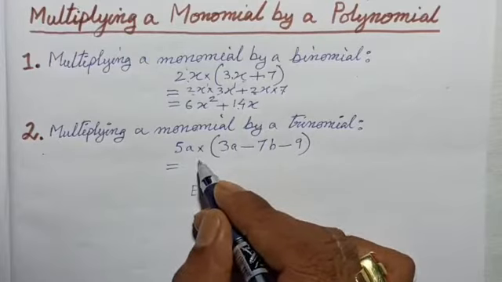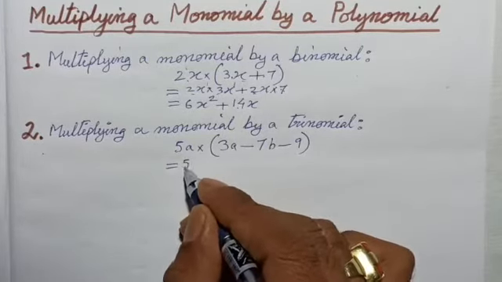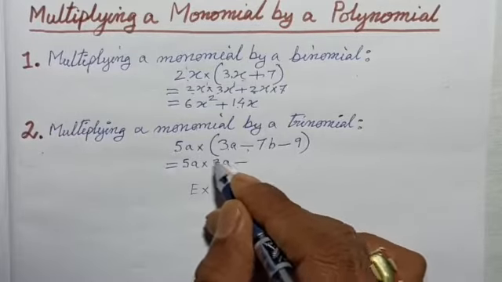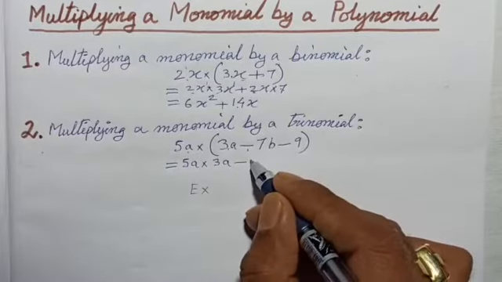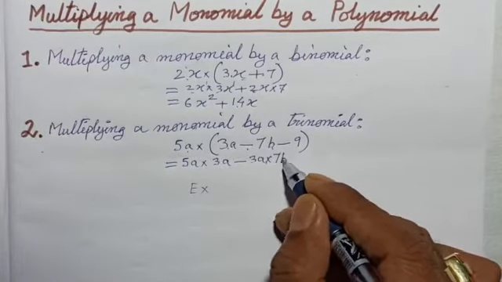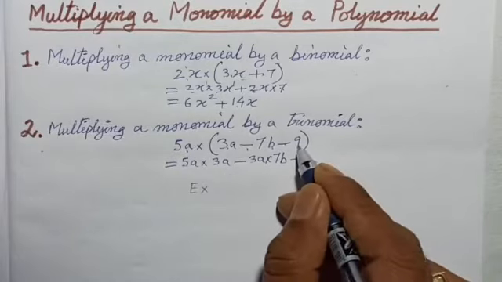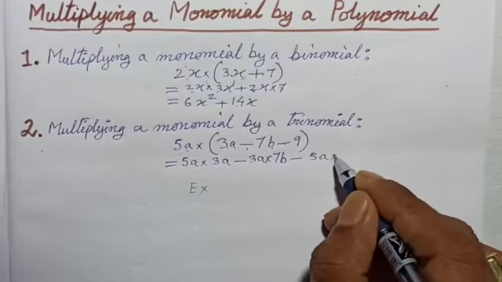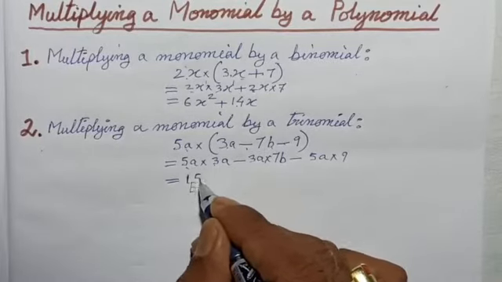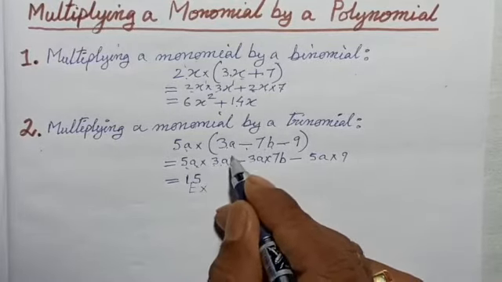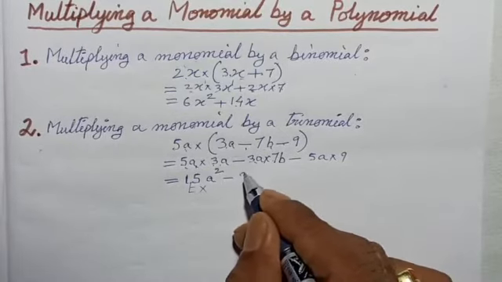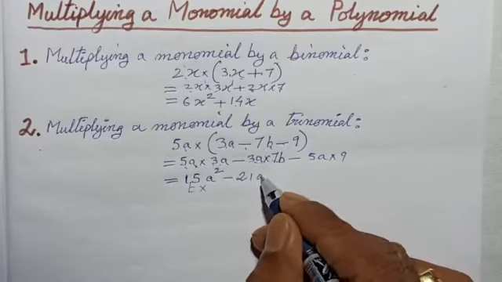If we multiply these two, then 5a will multiply the first term, 3a. Then minus sign, this 5a again will multiply 7b, 5a into 7b. Minus 5a will multiply 9, 5a into 9. 5 into 3 is 15. a into a is here a power 1, here a power 1, powers are adding, then a square we get. 3 into 7 is 21. a into b is ab.